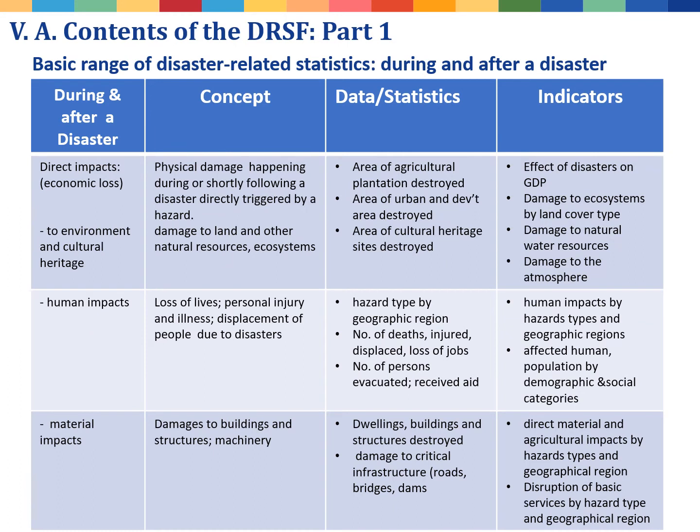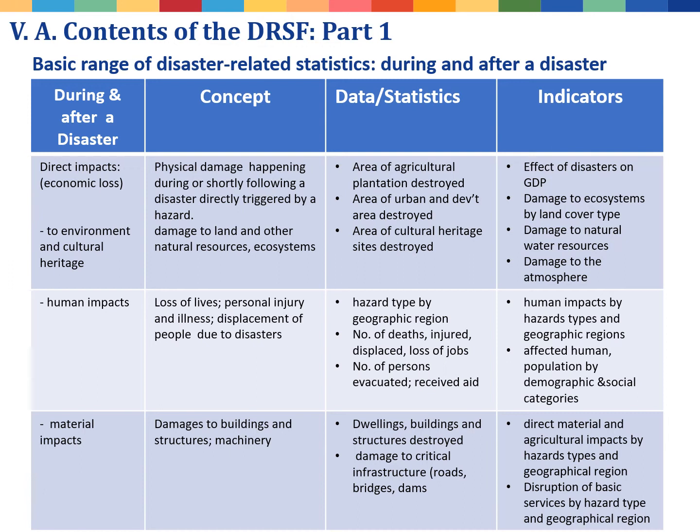So let's have a look at another example, which is the measurement of the direct impacts of disaster, which is measured in terms of economic loss. So the DRSF provides the context, the background of the direct impacts, and all the information on the variables related to the direct impacts like environment, cultural heritage, human impacts, material impacts.